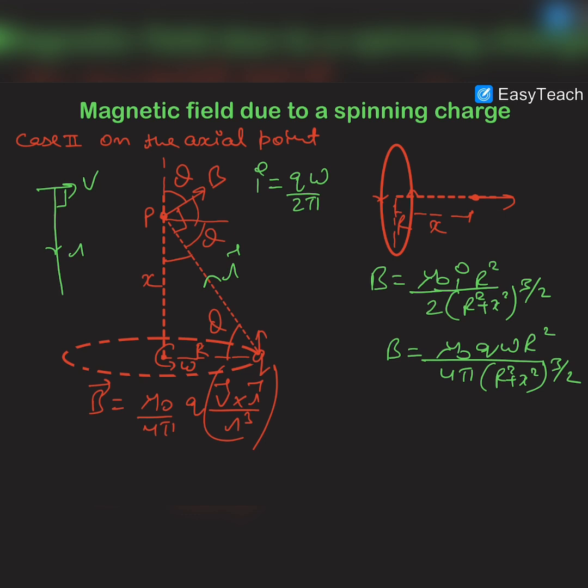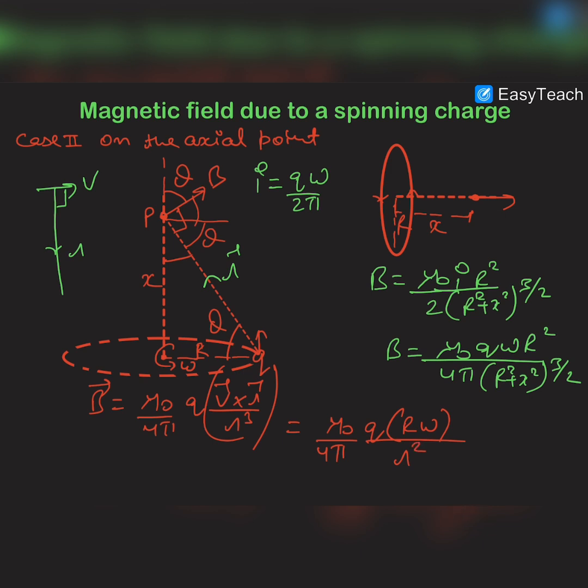So if we substitute the value of variables in this formula, then it would be mu naught by 4 pi q. Now v is capital R omega, and the angle between v and r is 90 degrees. So sin 90 is 1, divided by r cube. If we cancel out this r with this one, then it would be r square.